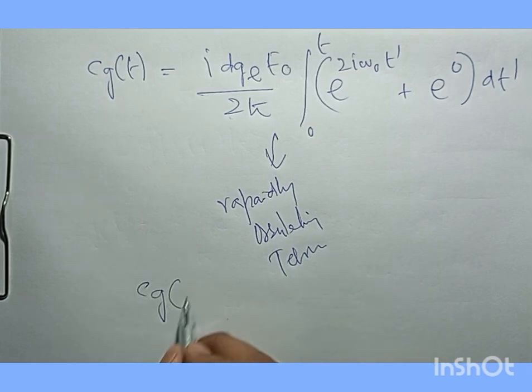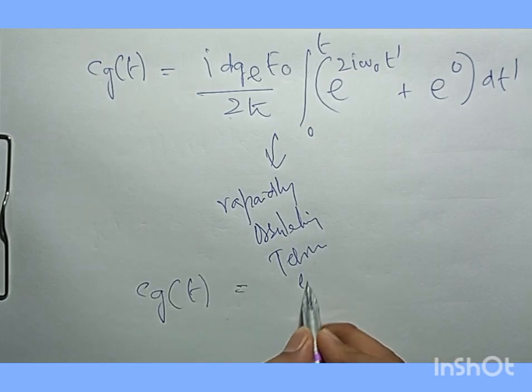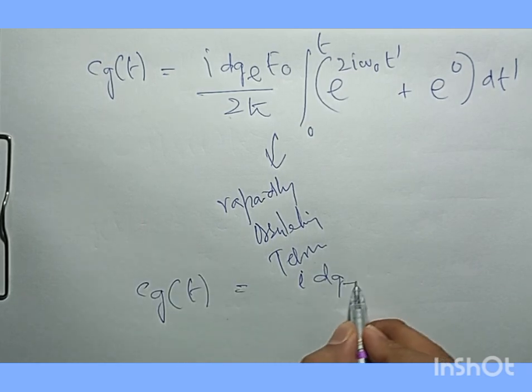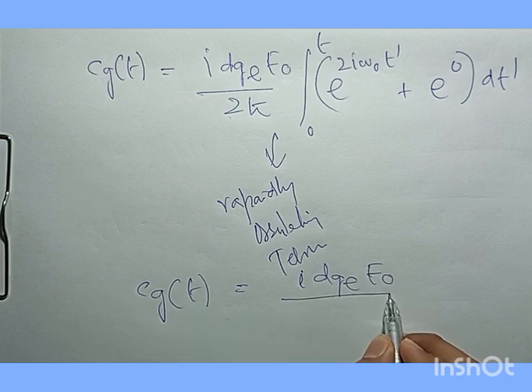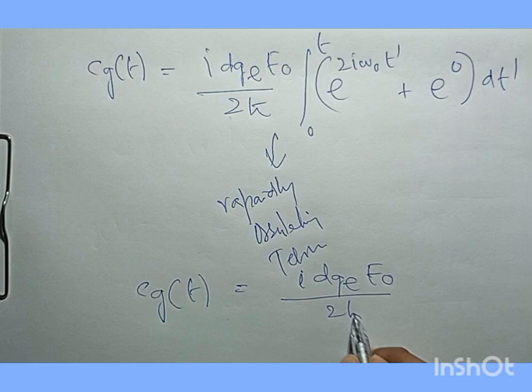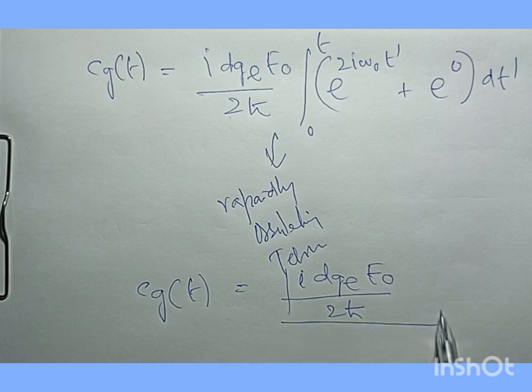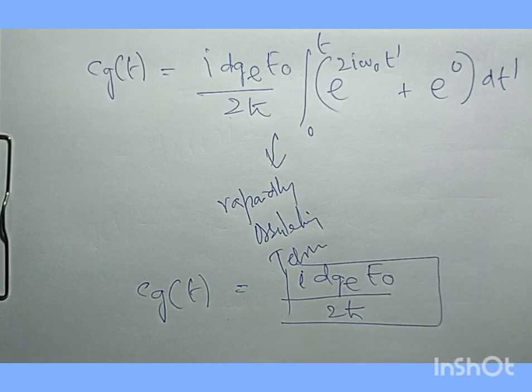So what's that? C_g of t is i d_ge E naught by 2 h bar. And this is the term that contributes to the transition probability. So this is the result of this problem.